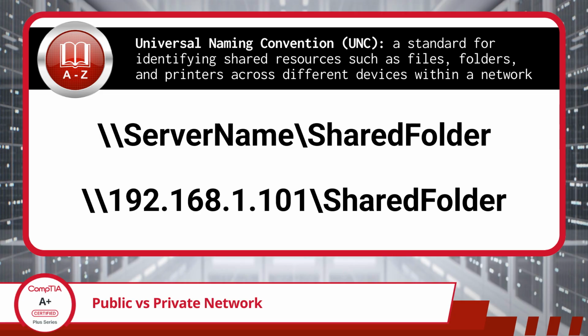For example, \\192.168.1.101\sharedfolder would access the shared folder on a device with the specified IP address. UNC paths allow users to access network resources directly, without needing to map network drives, providing a straightforward way to connect to shared content across the network.